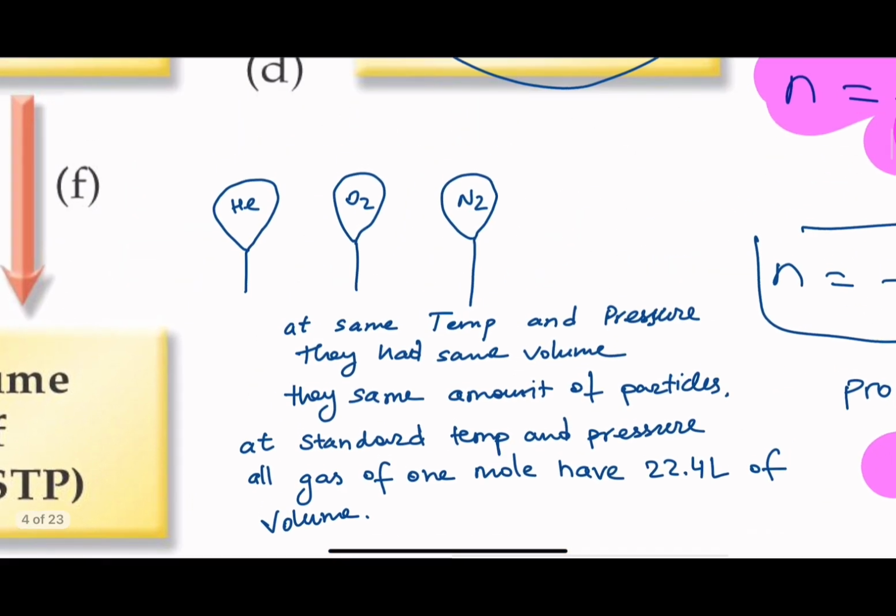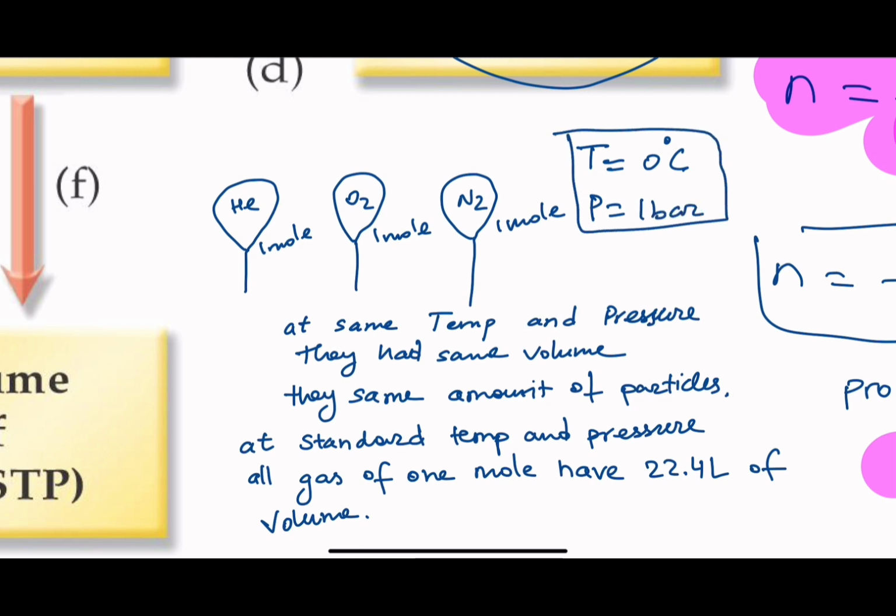That if I had 1 mole of helium, 1 mole of oxygen, 1 mole of nitrogen in here, at temperature of 0 degrees Celsius and pressure of 1 bar, which is standard temperature and pressure, STP.